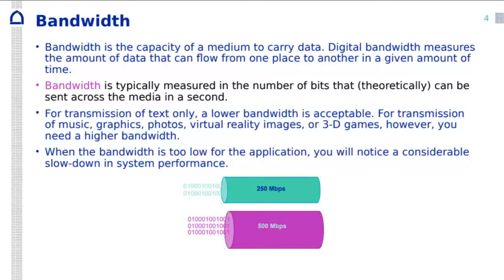Bandwidth is the capacity of a medium to carry data. Digital bandwidth measures the amount of data that can flow from one place to another in a given amount of time. So it's not the actual speed, it's how much data can travel per second.